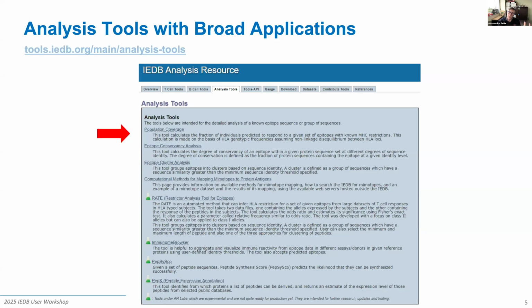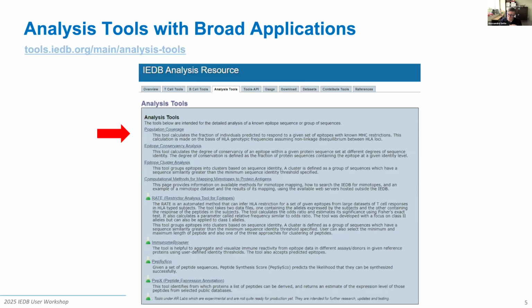What kind of coverage is provided by these peptides, knowing that they are restricted to these different HLAs, and also considering that the different HLA alleles vary in frequencies in different ethnicities?